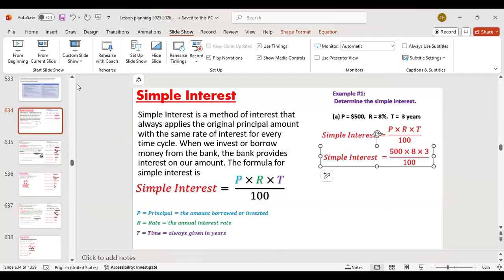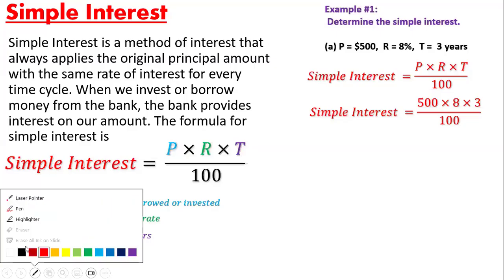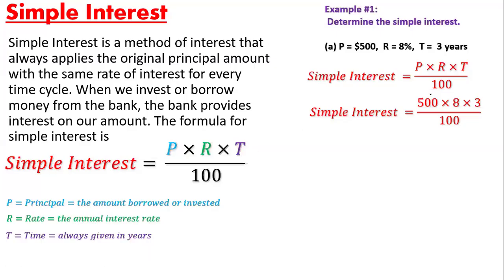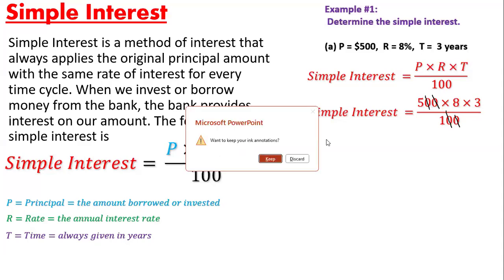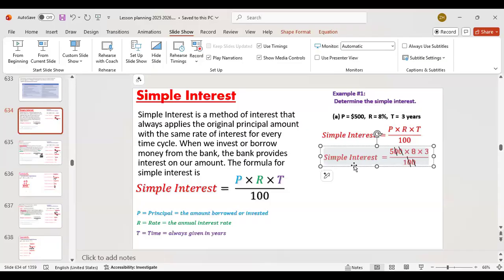So let me go ahead and do it properly. We can cancel out this 0 with this 0. We can also cancel out this 0 with this 0. And so what are we gonna be left with? Simple interest is gonna be equal to 5.